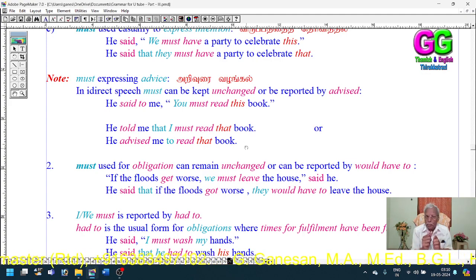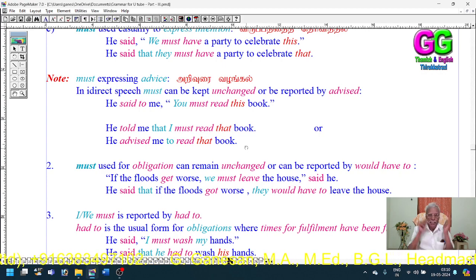That is, when must is used to express advice, must can be kept unchanged, or must can be replaced by the reporting verb advised and reported in imperative. When it is used in a statement, must can be kept as it is.